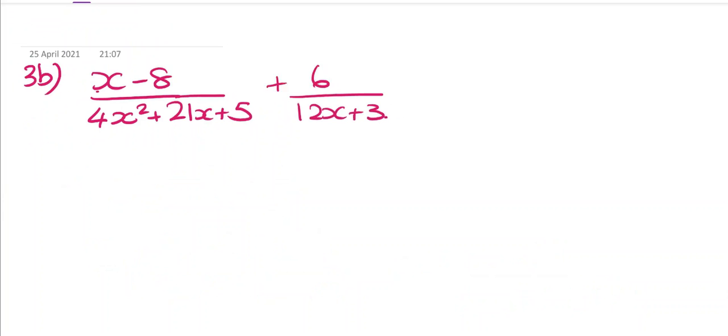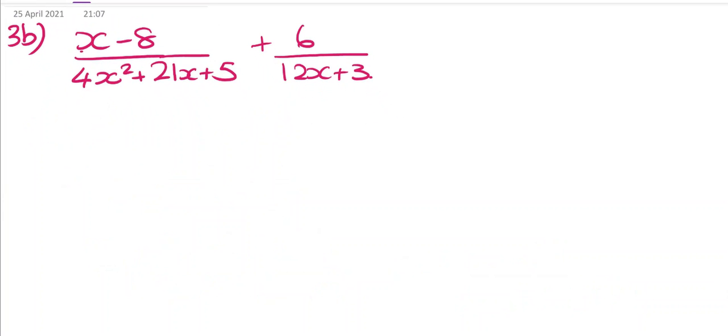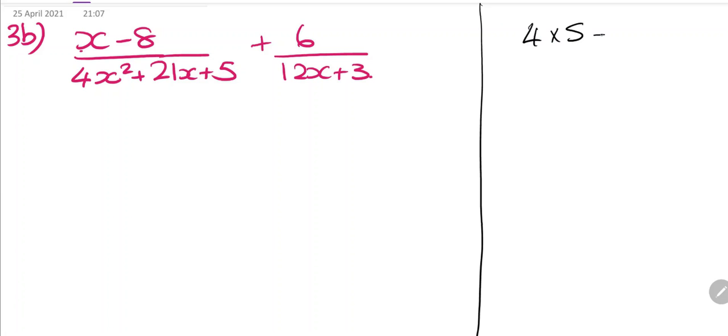Okay, so looking at 3b, we need to factor. We can't factor directly, so to simplify it we have to find factors: 4 times 5 is 20. So we need factors of 20 that add to make 21.